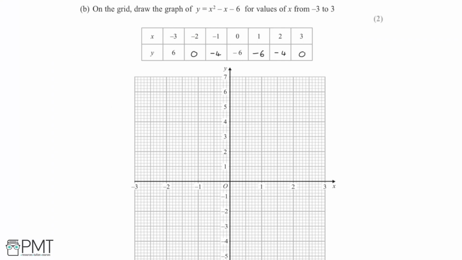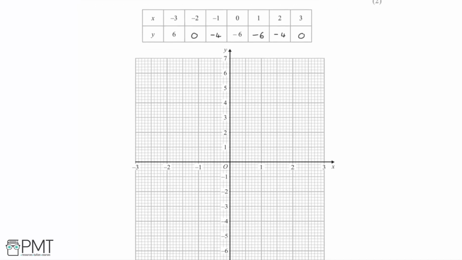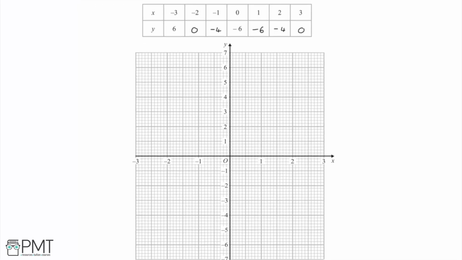We're then asked to draw on the grid the graph of y equals x squared minus x minus 6 for values of x from -3 to 3. Here I have the table we've just worked out with the new values of y. Effectively, with the values of x and y, we've formulated coordinates that are points on this graph.